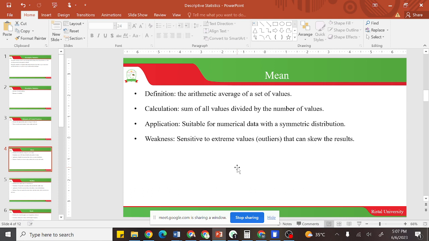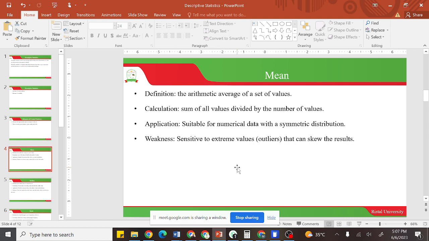Normal distribution is the bell-shaped curve. Issues to do with intelligence, height usually follow the normal distribution. So it is usually a symmetrical distribution.